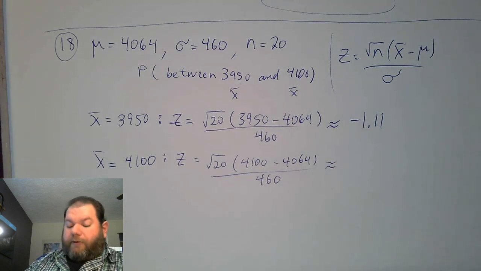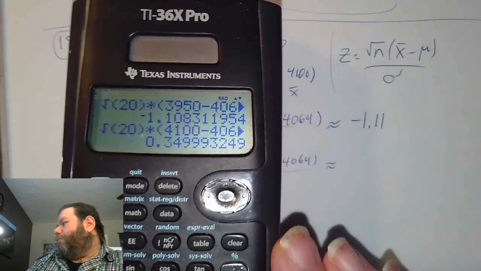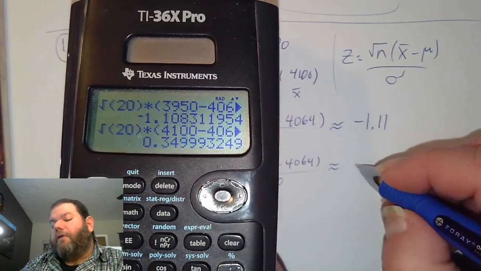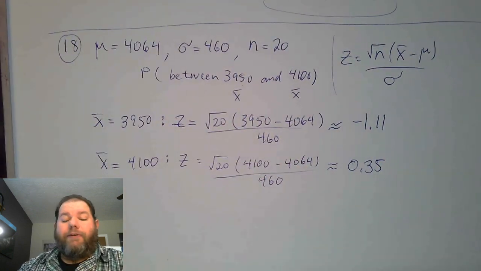And so I'll approximate this one also. 4,100 minus 4,064 divided by 460. So it gives us 0.35. Again, just go to 2 decimal places with their z-scores.